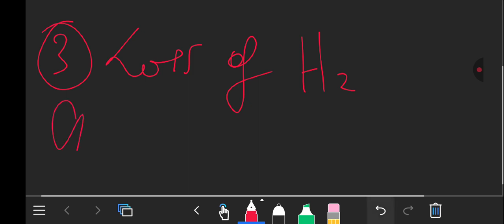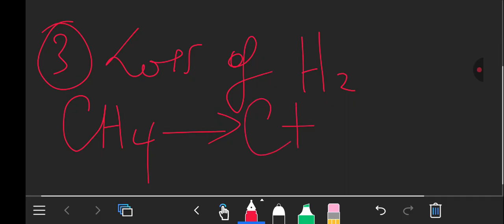Let's say methane, that is CH4. Then it loses this hydrogen, the hydrogen which it has, to remain as carbon plus hydrogen. So to balance this, we put a 2 there. When methane loses this hydrogen, this is simply oxidation.